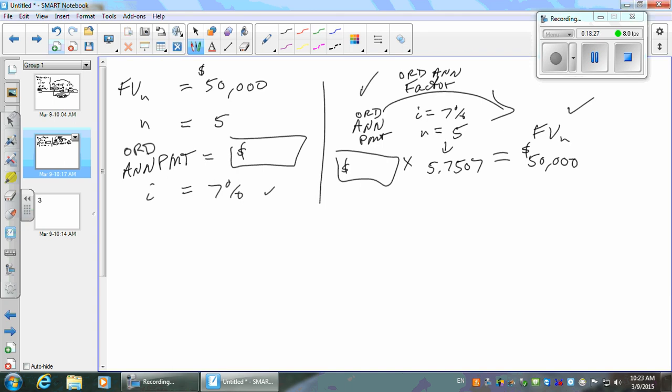I want you to look at something. Fold your page so you can see the future value of a sum table, and you can also see the future value of an annuity. Are they on the same page? Good. So we're looking at 7%, 5 periods.